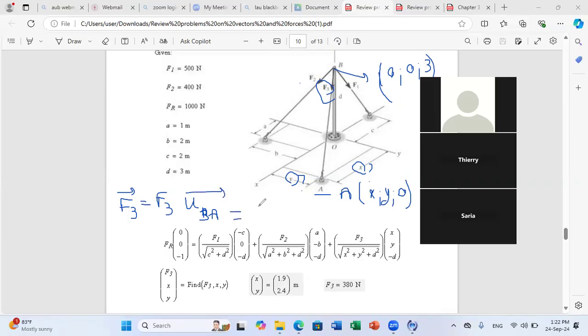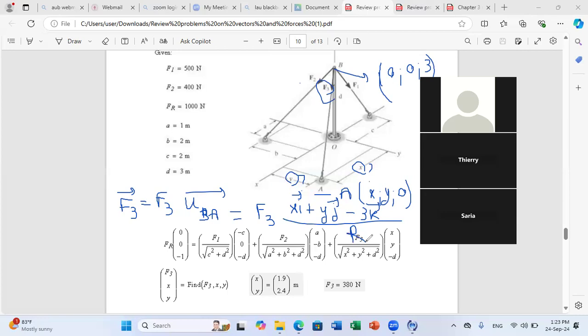You have F3 times X of A minus X of B, so it's X along i, plus Y along j, minus 3 along k, over R, the radical of X square plus Y square plus 3 square. As you can see, along the X component and Y component, you have X and Y as unknowns, while for the K component, you have a number.